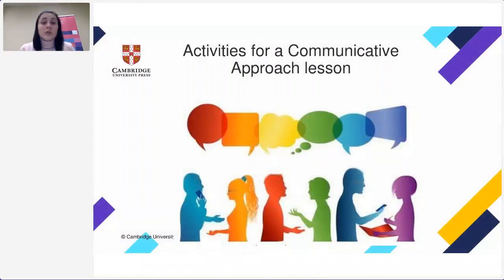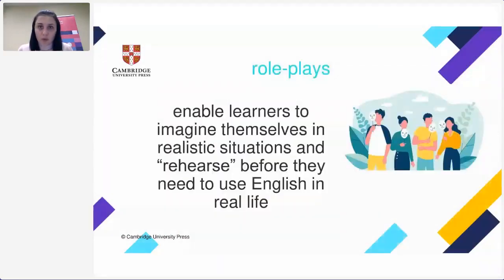So now we will discuss different kinds of activities for a communicative approach lesson. Which kinds of activities there are, how to use them, and so on. There are going to be just 4 of them, general ones, and the 5th one, I'll show you one of the favorite activities. So, first of all, it's role play.